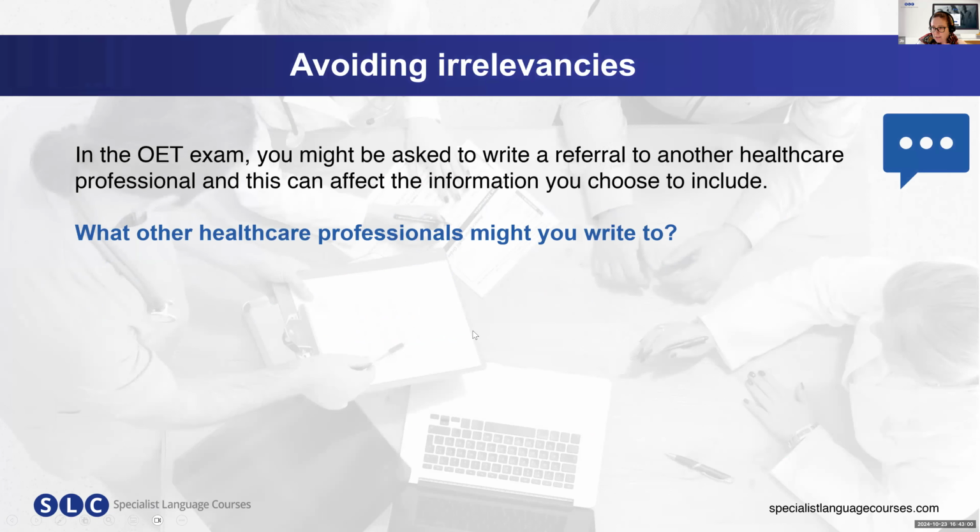In the OET exam, you might be asked to write a referral letter to another healthcare profession, and this can affect the information you choose to include. So you want to make sure that you don't include irrelevancies. First of all, what other healthcare professionals might you write to? Let me know in the comments. Great.